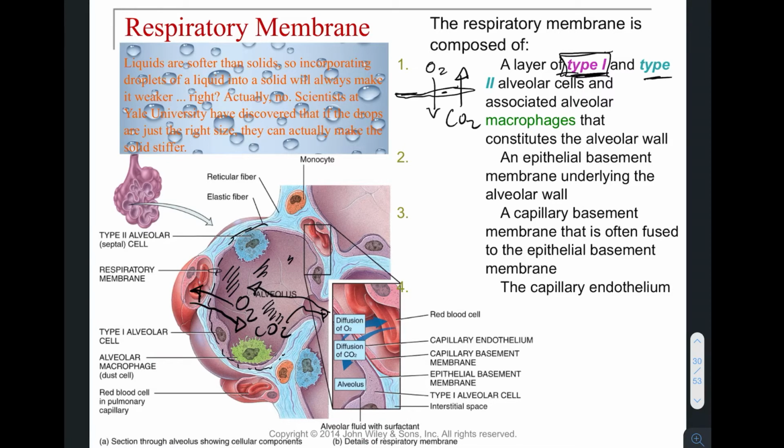Type 2 cells are these septal cells, and these septal cells right here release a surfactant, which is important because a surfactant decreases the surface tension due to water within this tissue.